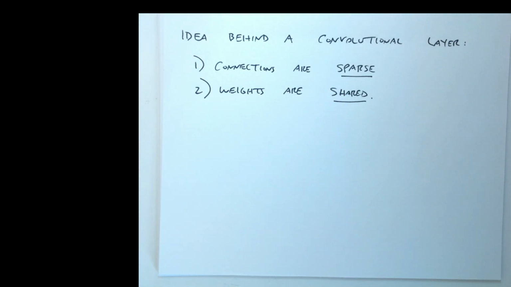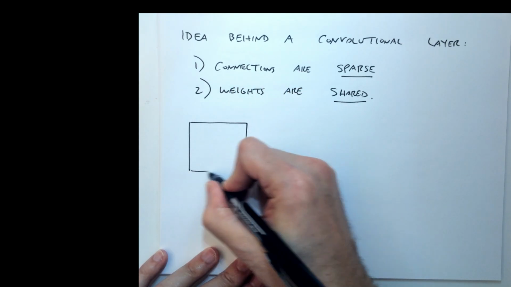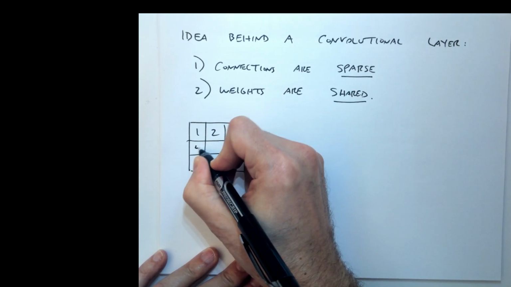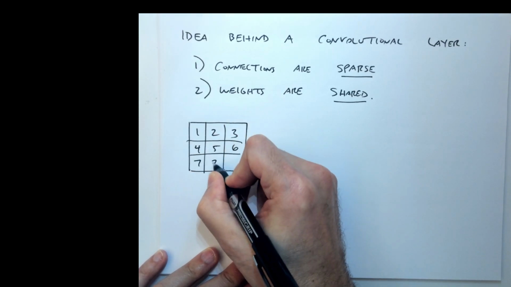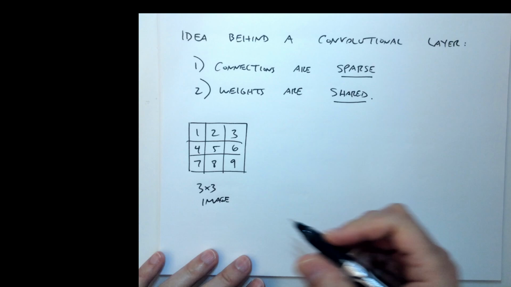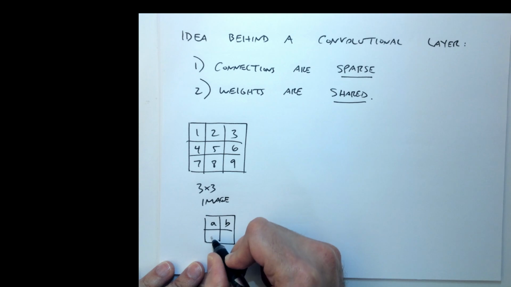So let me just do a toy example. Suppose that I've got a 3x3 image. Label these pixels from 1 to 9. And let's suppose I have a 2x2 filter with these weights.